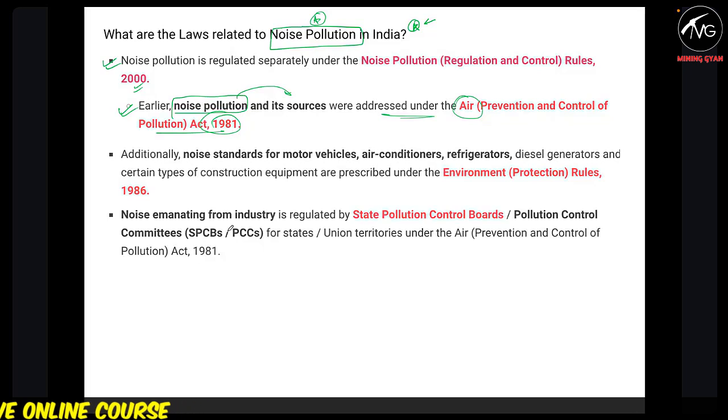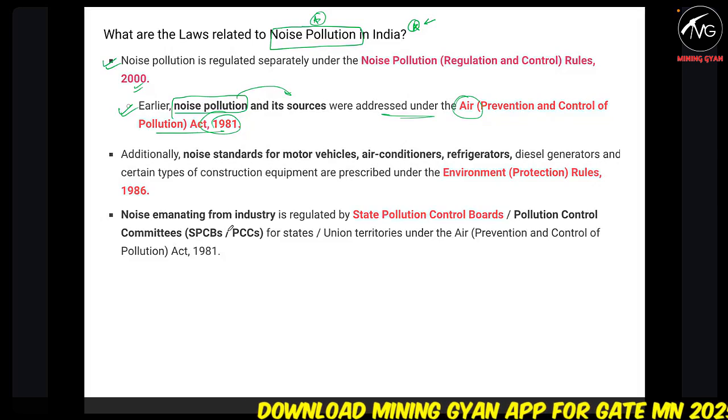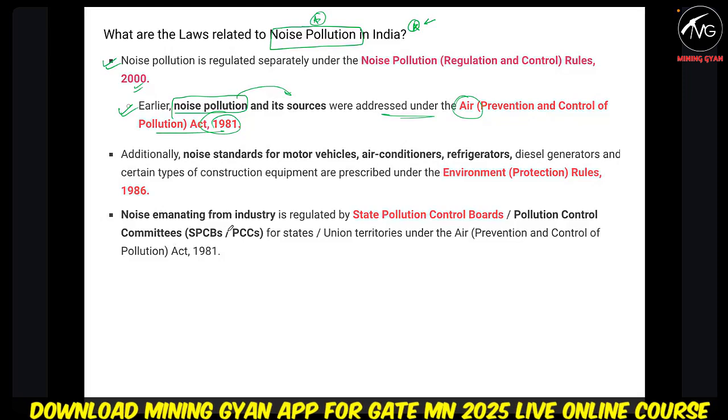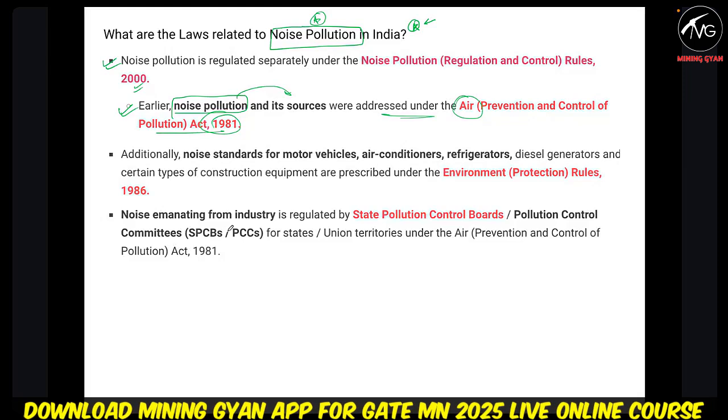So before 2000 there was no separate law. But in 2000 they passed a law, the Noise Pollution Rules 2000, in which they separated noise pollution from air pollution. ठीक है? So now noise pollution you will find in the noise pollution rules.